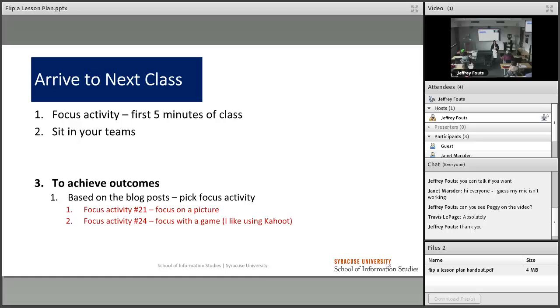And then you're flipping the taxonomy as well. So typically in a lecture, we're lecturing to understand and remember. We want them to do that prior to class. And then you're using some kind of active learning environment to get them to do one of those 4 levels of the taxonomy in class.